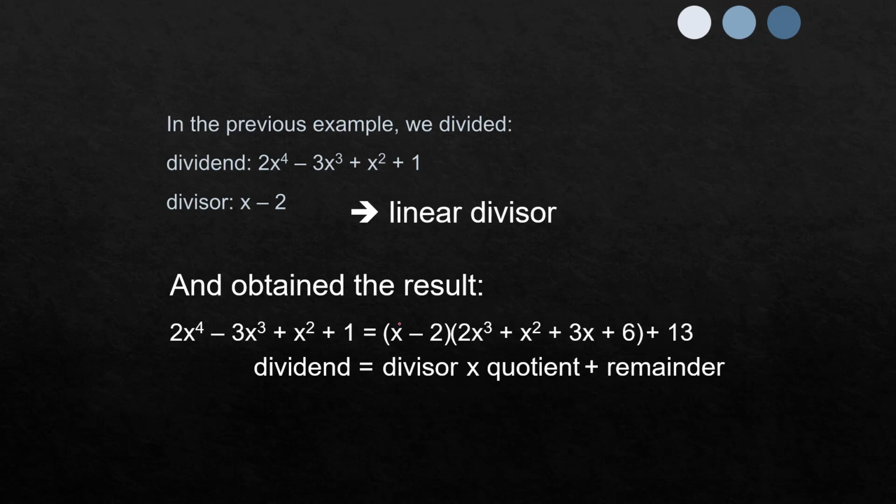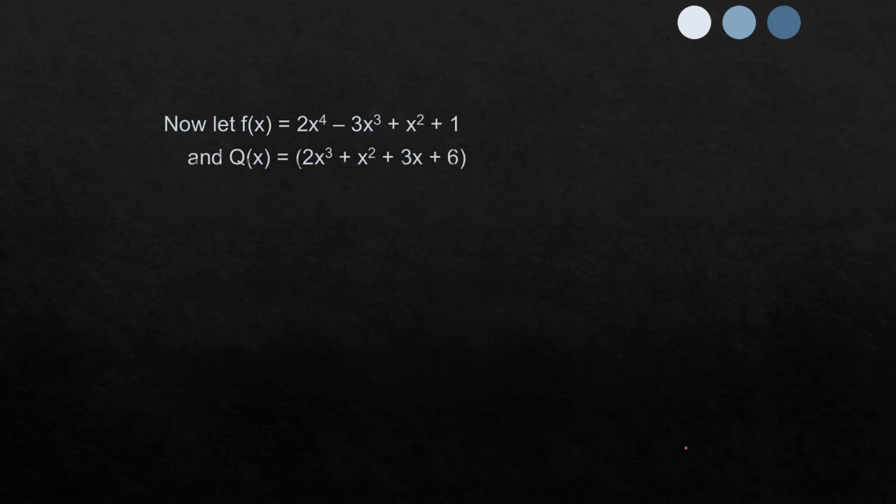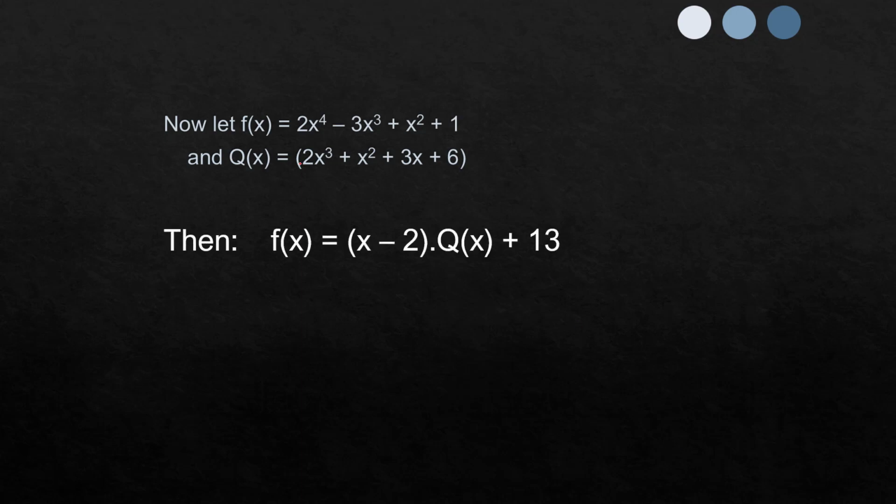Since the divisor is linear, the remainder is a constant. Now, suppose f(x) is 2x^4 - 3x^3 + x^2 + 1, then we simplify this to become f(x) = (x - 2)q(x) + 13.